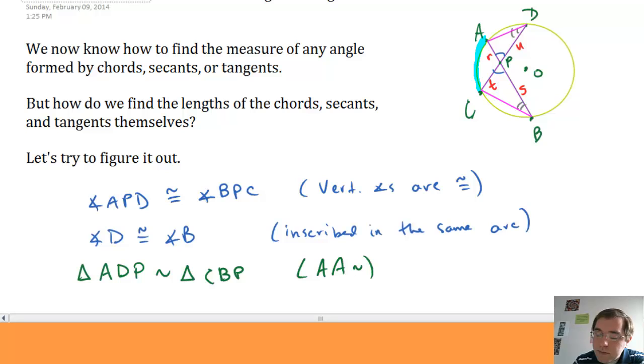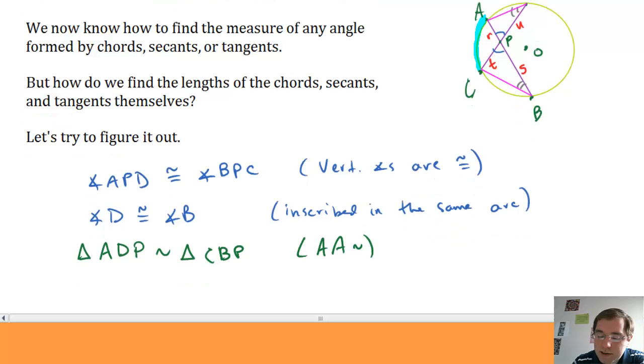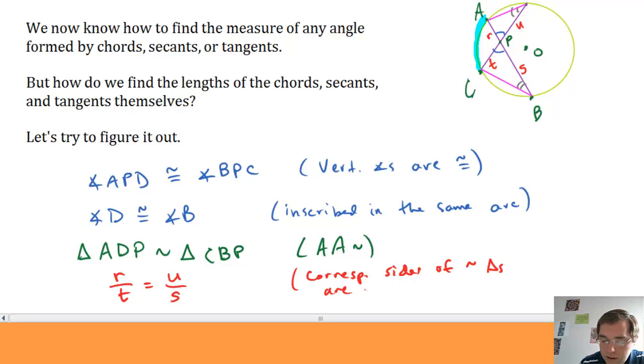Well, that's nice. Why does it matter that I have a pair of similar triangles? I was interested in the segments. Well, what do the similar triangles allow me to say about these segments? They allow me to make a proportion where R corresponds with T, so R over T equals U over S, because corresponding sides of similar triangles are in proportion.